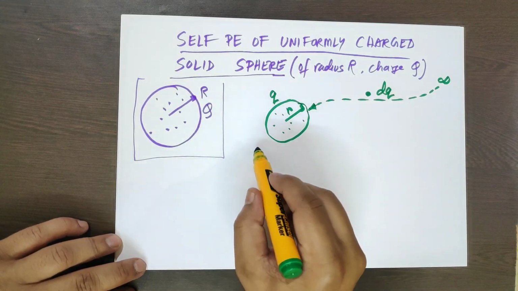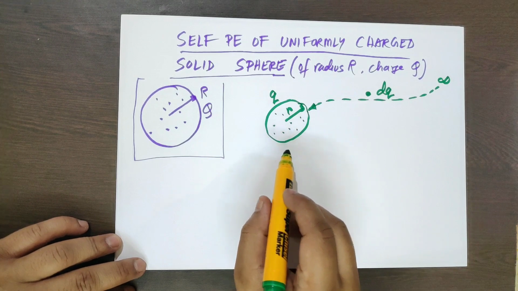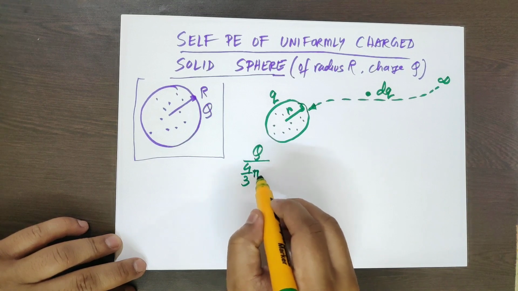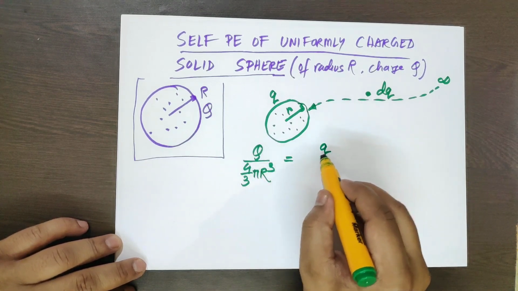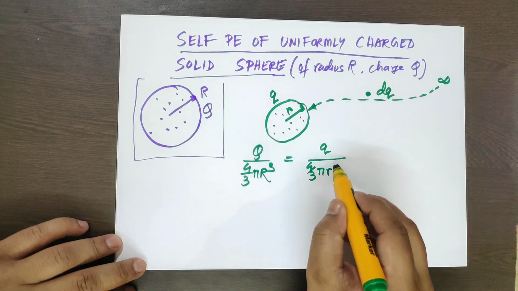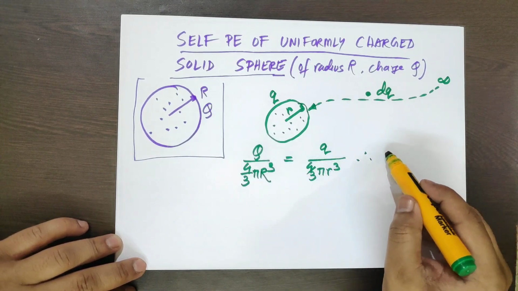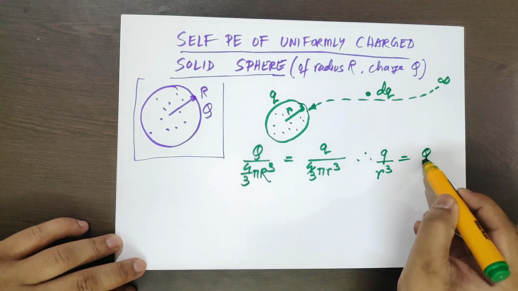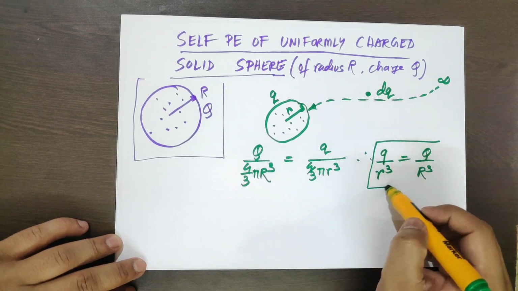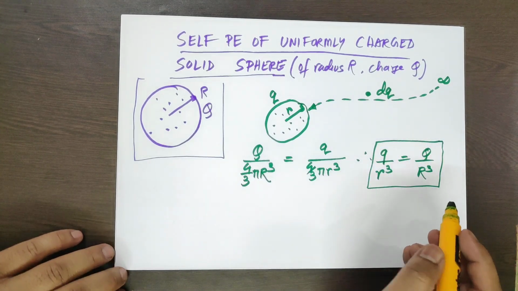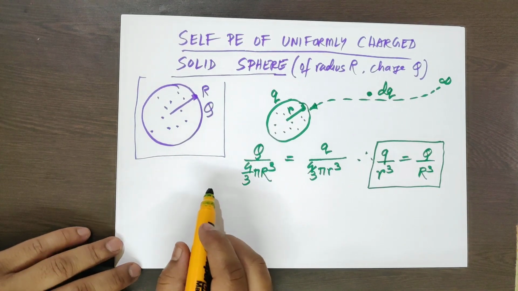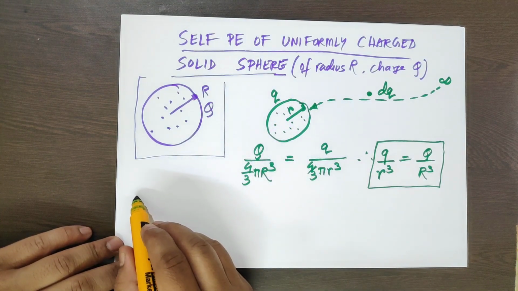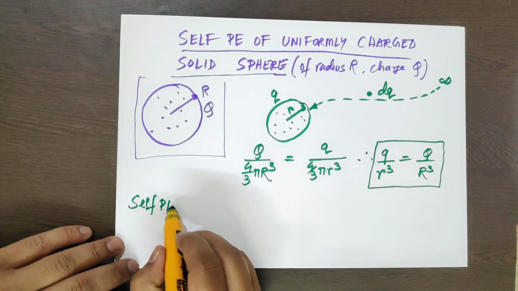So as you know that the volume charge density is constant, so Q divided by 4/3 pi R cube is small q divided by 4/3 pi small r cube. Therefore q by small r cube equal to capital Q by capital R cube. This is the relation between radius and charge. Okay. Now, so at present its radius is r and charge q. So the self potential energy we can directly write.